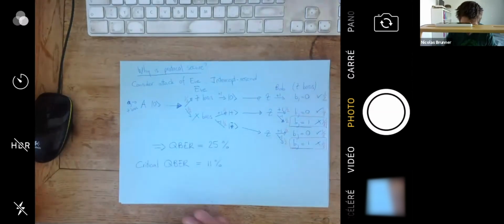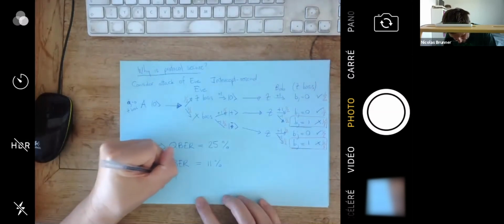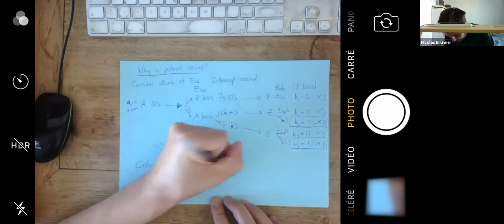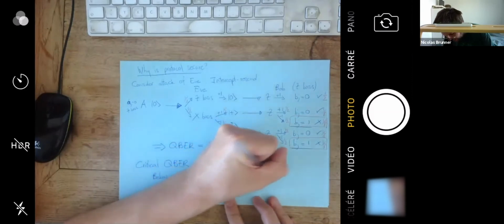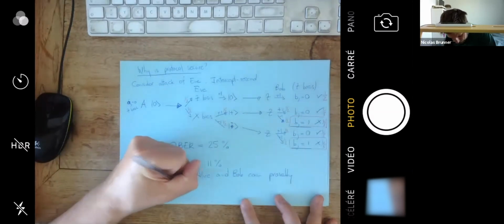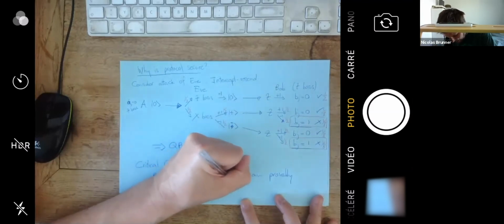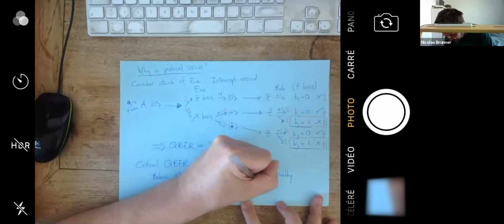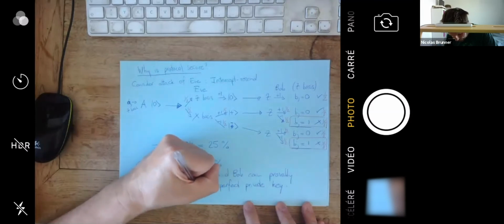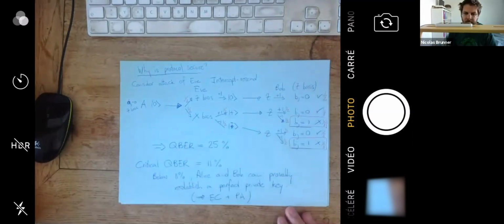Okay, so below this critical value, below the Q bar of 11%, Alice and Bob can provably establish a perfect private key. In order to do that, they still need to do error correction plus privacy amplification, that we will detail in a minute.